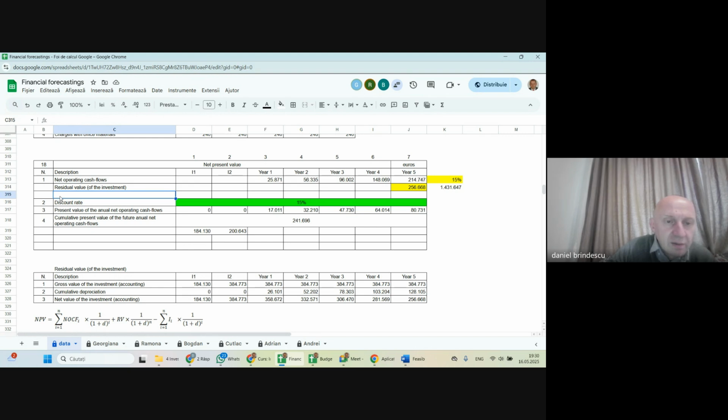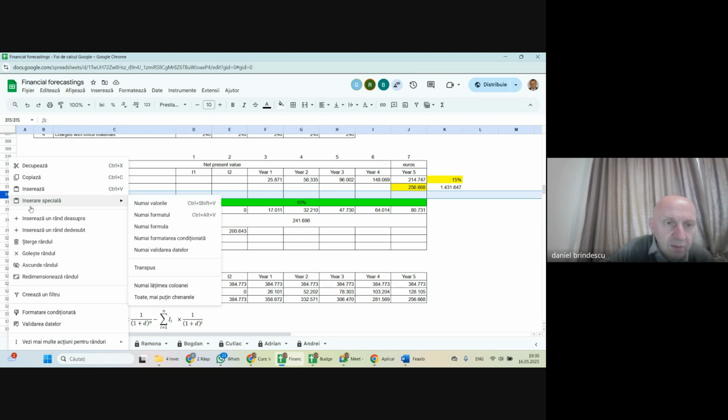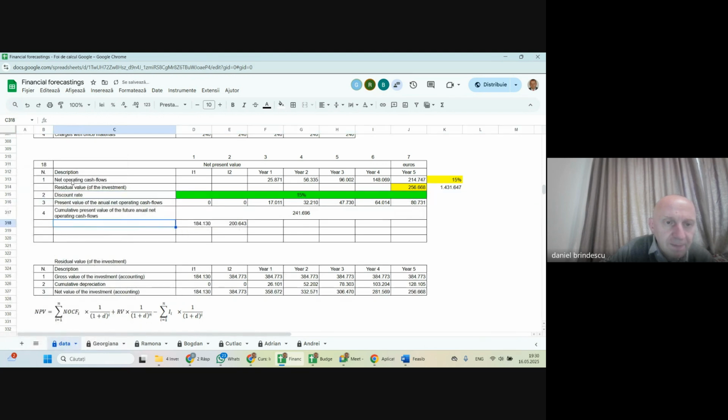And I can say here net operating cash flows. No, I can leave it for the time being like this. Net operating cash flows, residual value, the benefits of the investment.